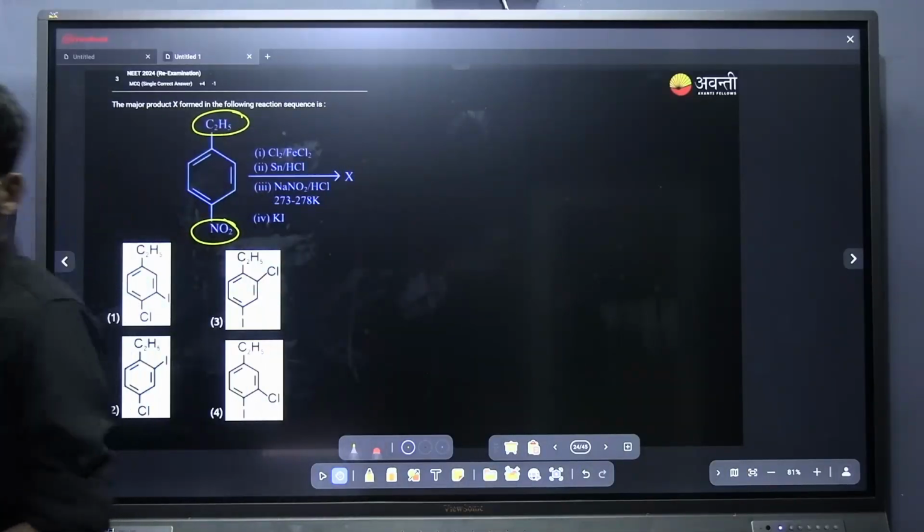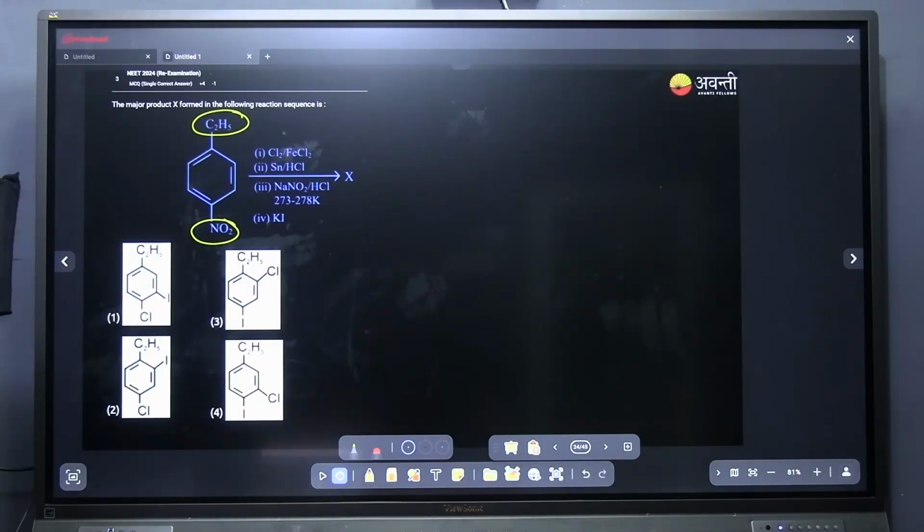Go through it and give me the answer in the chat box. Anybody got the answer? A, B, C, D?